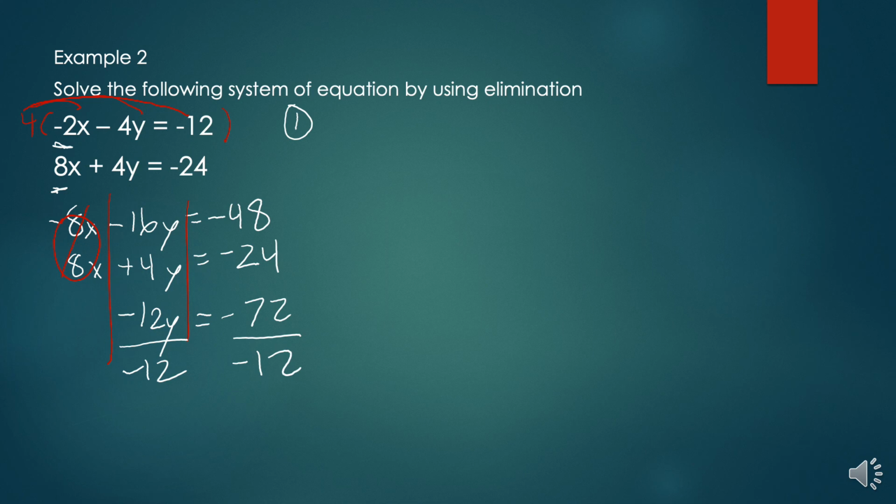Negative 12 divided by negative 12 gives me 1y. Negative 72 divided by negative 12 gives me 6. So now I know that my y is equal to 6. Pick any equation, it doesn't matter which one, and substitute it back into your equation.